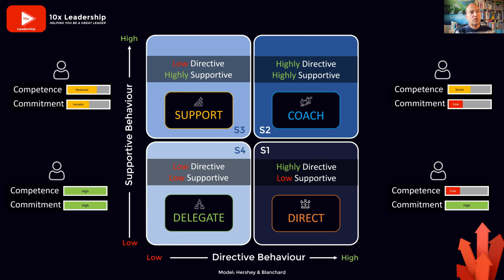Now, of course, in any of these given scenarios, you can apply a leadership style, but what you need to do again is monitor to see whether that's working. If it's not working, you might think, for example, let's use scenario 4 there. It might be that you have a task that your team has delivered before. You think, well, great, they are highly competent and highly committed.